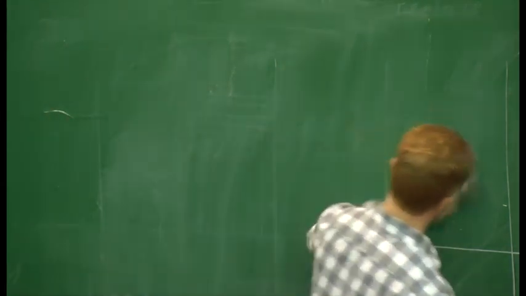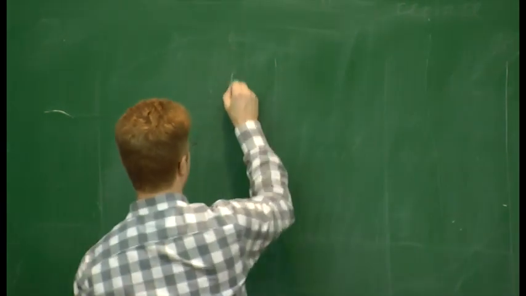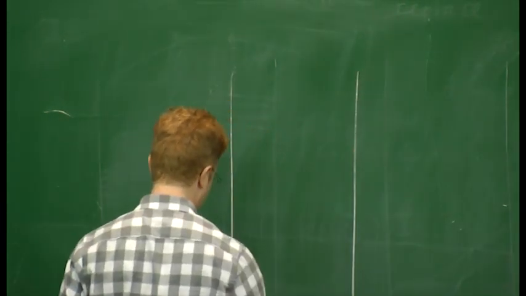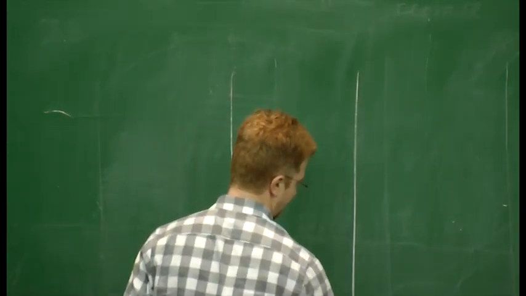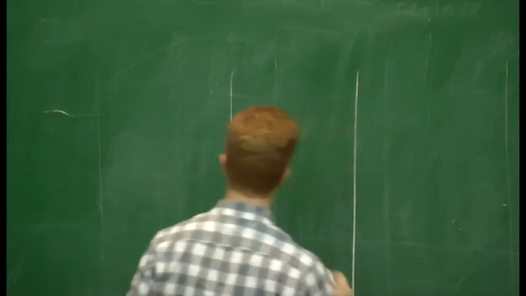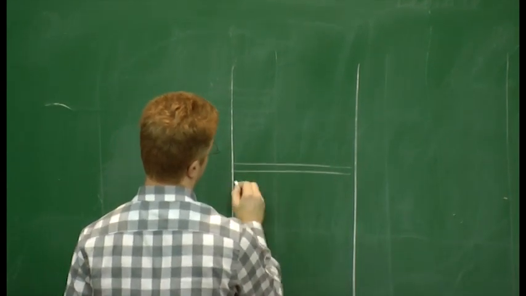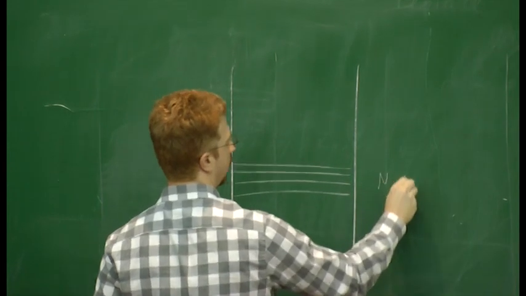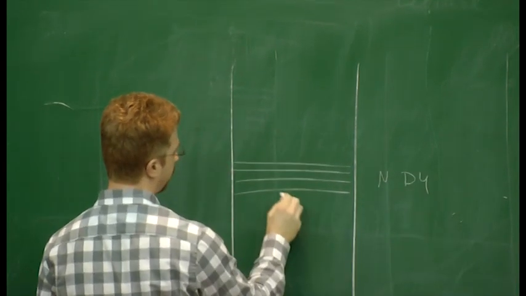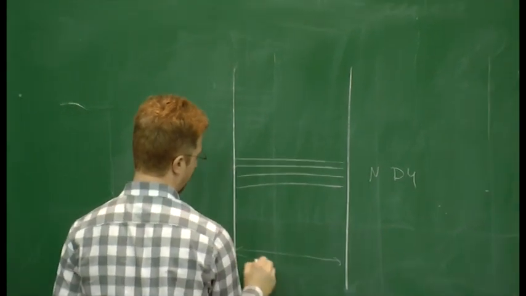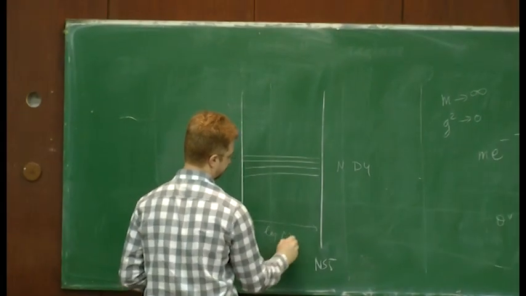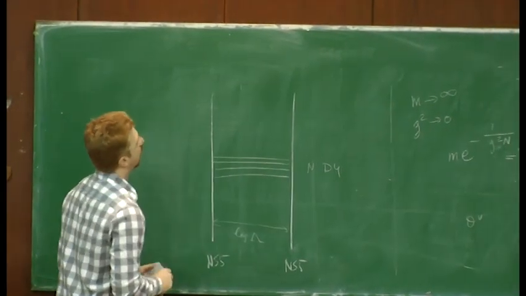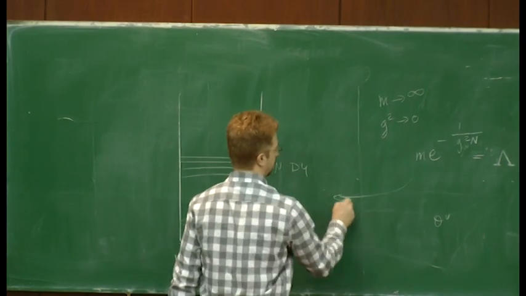Okay, so let me just draw the end result of these manipulations. You actually see two NS5 branes and just N D4 branes which are stretched between them. And this distance will be of the order of logarithm lambda. So this is the limit.